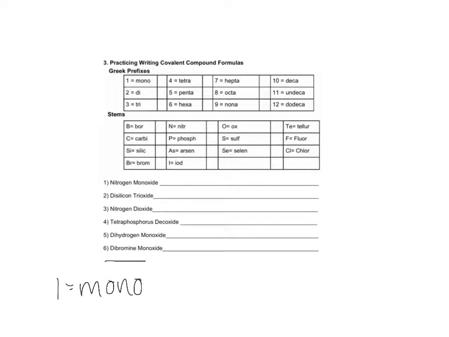So that is not going to ever be a thing for the first element. When we look at number 1, this is exactly what I'm talking about. Nitrogen doesn't have a prefix before it, which means that there's only one of them. So we just write the symbol N.